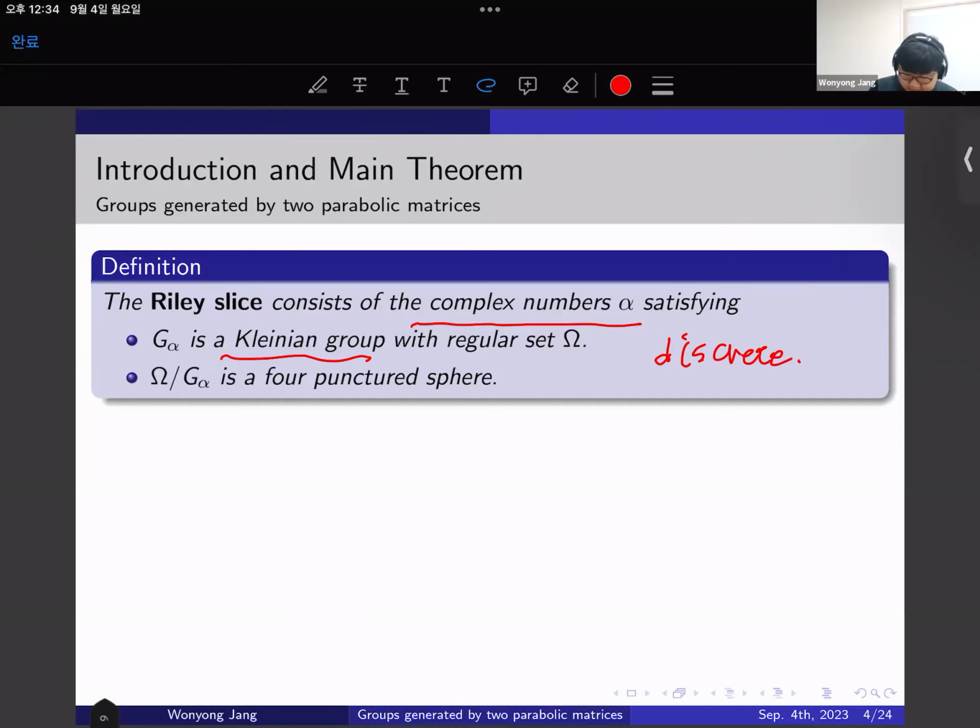And one more condition is a non-empty regular set. A regular set is the complement of the limit set. So we can consider the following quotient space. The last condition is that the quotient space is a four-punctured sphere.